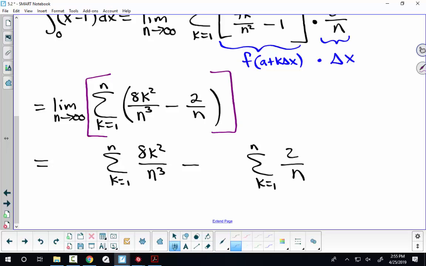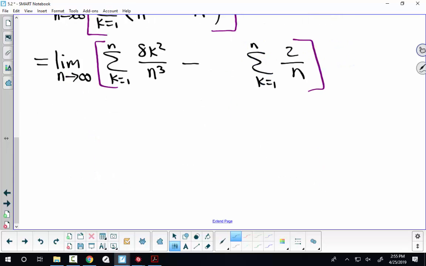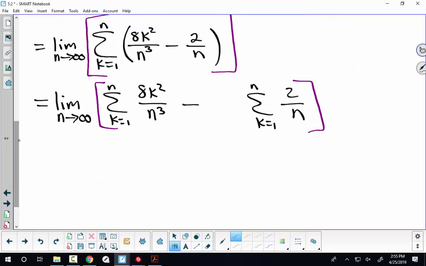So I think we'll just leave that in our notes like this and leave the limit out front. Honestly, it's all the same. Whichever way makes more sense, distributing the limit and the sum, or just the sum first, go with that. So are y'all okay with where we're at?